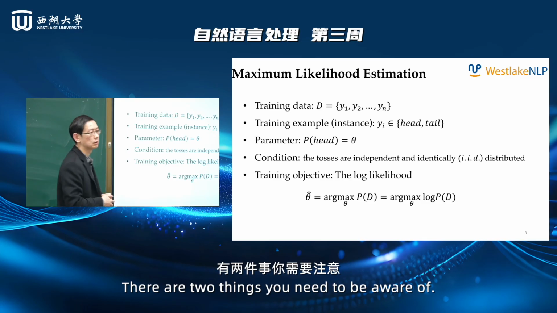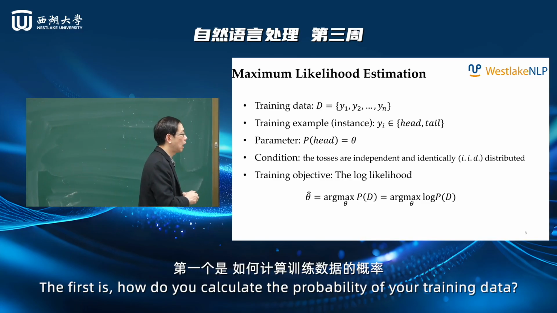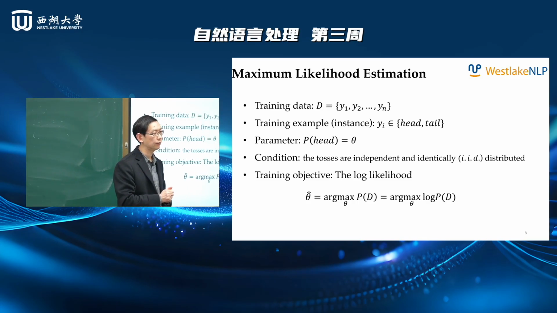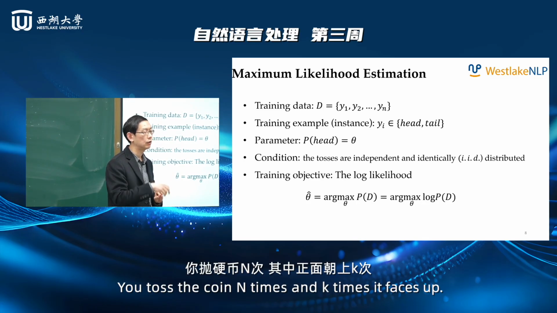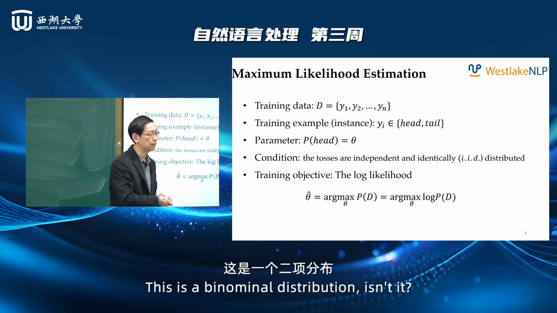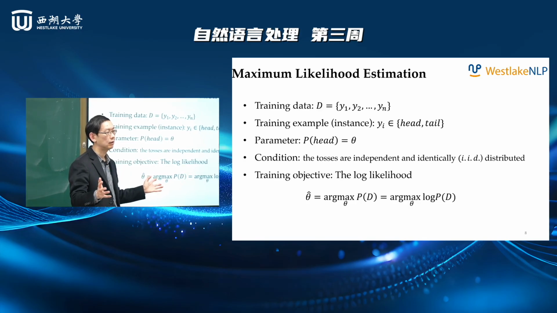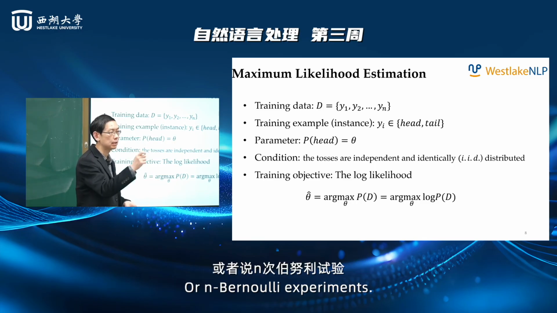There are 2 things you need to be aware of. The first is, how do you calculate the probability of your training data? You toss the coin n times, and k times it faces up. What is this? This is a binomial distribution, or n Bernoulli experiments.